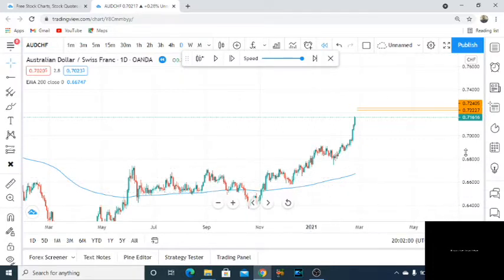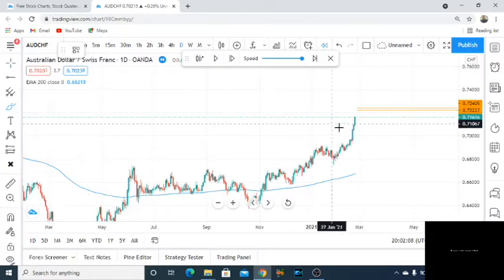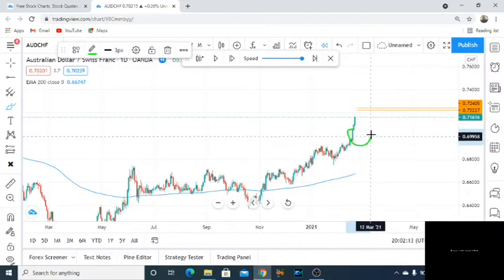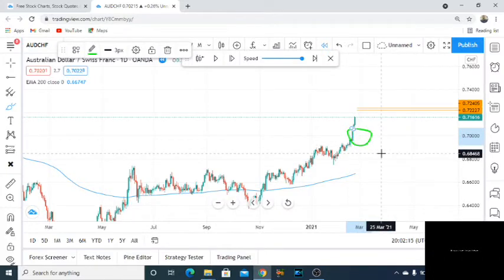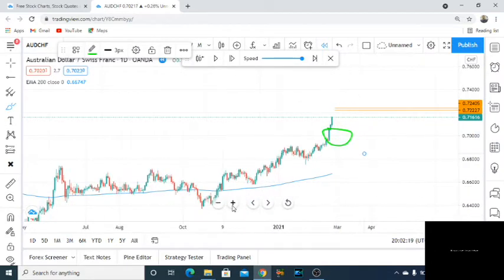Let's get straight into the chart so that you understand what an imbalance is. I'm gonna mark this candle. I hope you see this candle. Let me zoom.